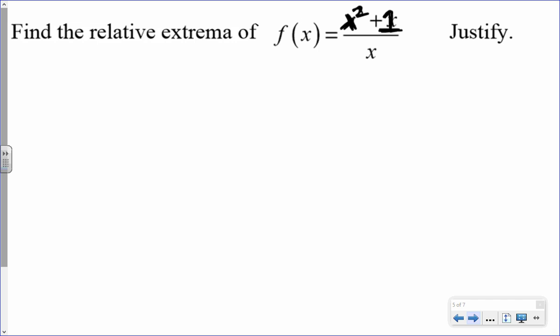Okay, so I want everyone to take a moment and find the derivative. When you have your derivative, I want you to compare it to your neighbor.